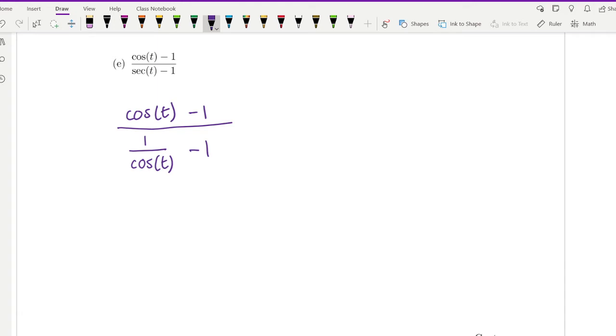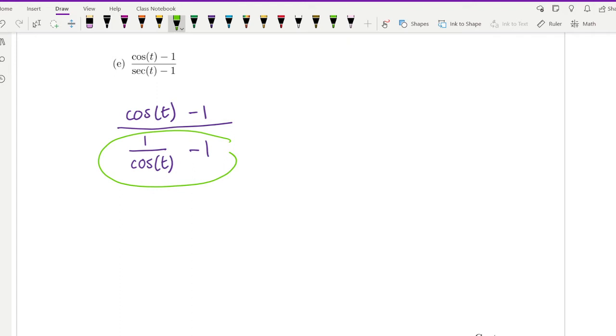Now this probably doesn't look like it helped very much, but this brings us to a scenario that you should be on the lookout for. Whenever you have a fraction within a fraction like this, where you're adding or subtracting something from that fraction, a good idea would be to make a common denominator within that part of the fraction.